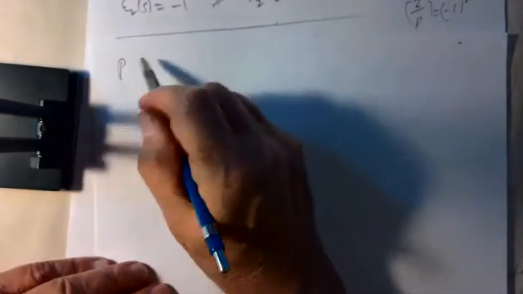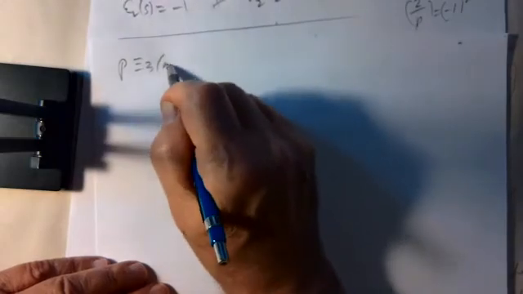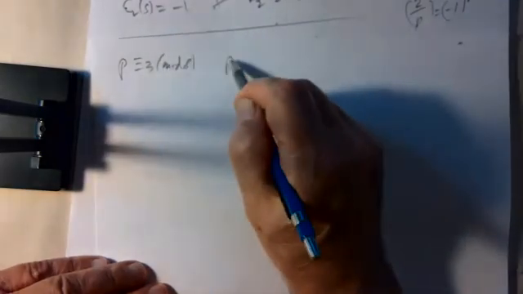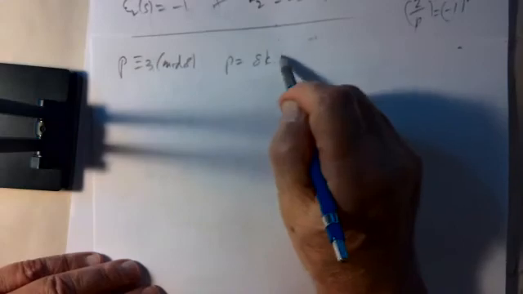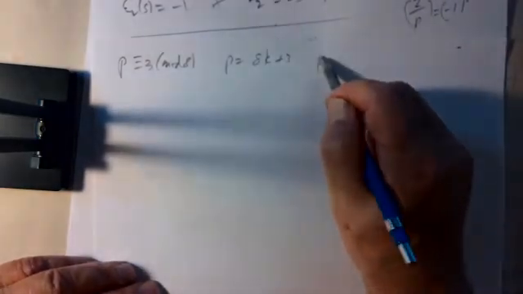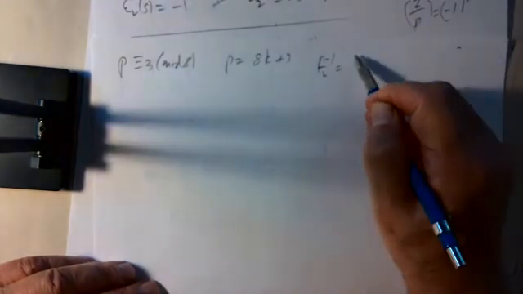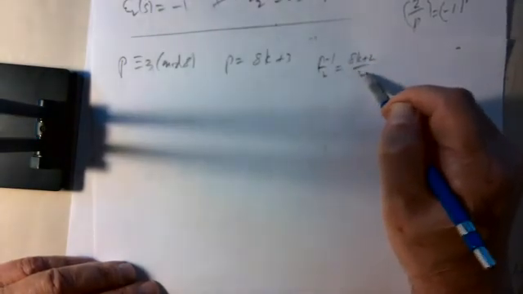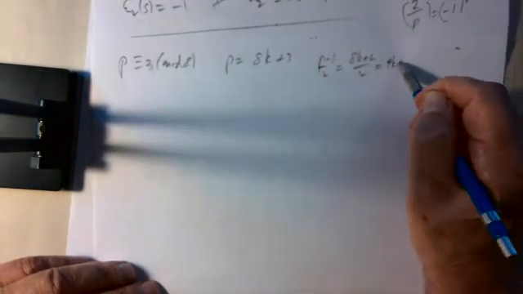Okay, suppose P is congruent to 3 mod 8. So P is an integer of the form 8K plus 3. So (P plus 1)/2 is (8K plus 4)/2, or 4K plus 2.